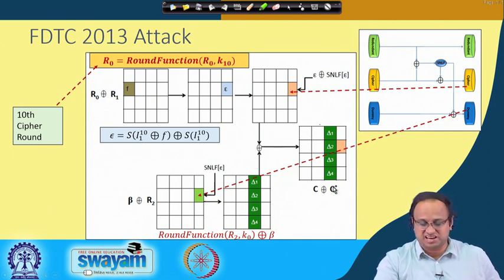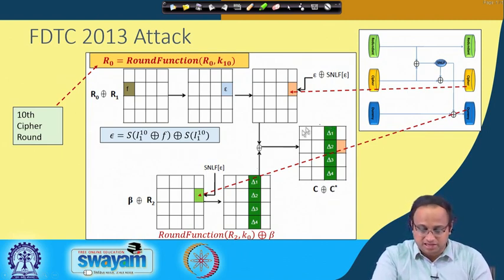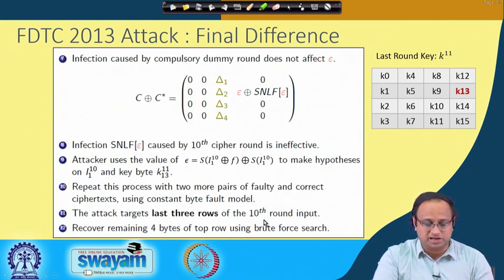If the adversary measures the XOR of the faulty output, which is essentially the faulty R0 value, with a correct computation, then he can get this differential, and therefore he can easily know the value of epsilon XOR SNLF epsilon, where epsilon stands for this value. So this leads to an attack.